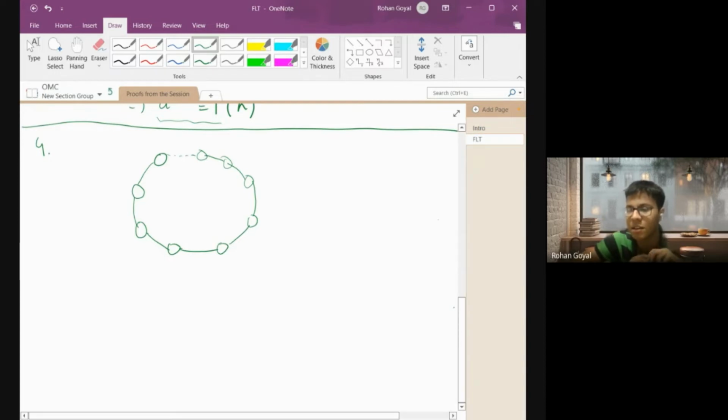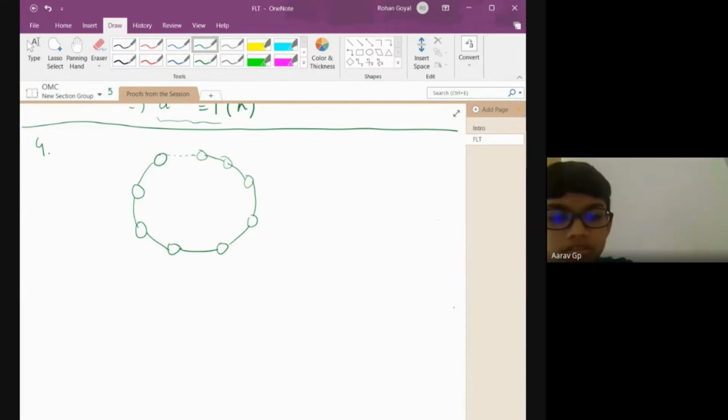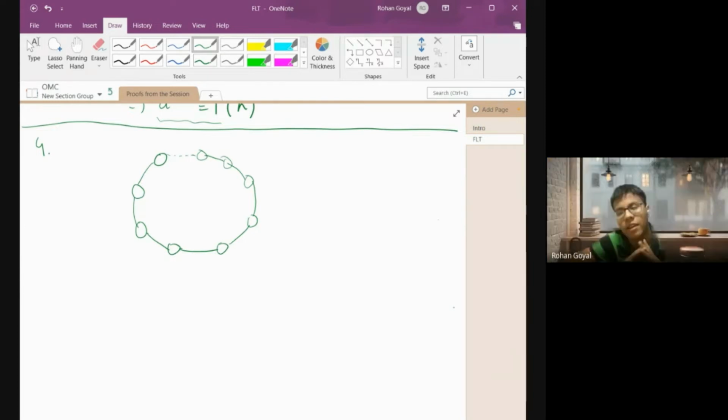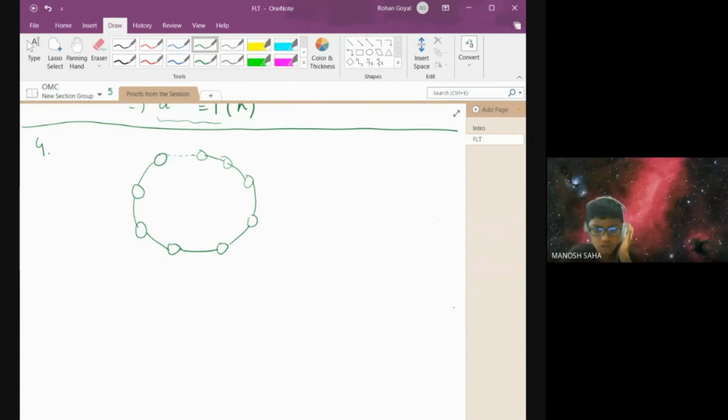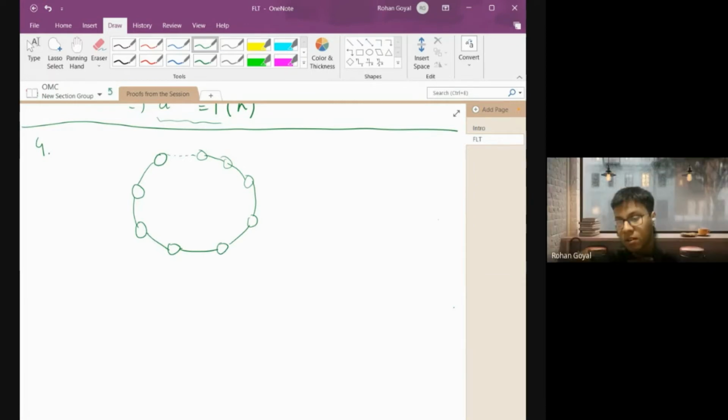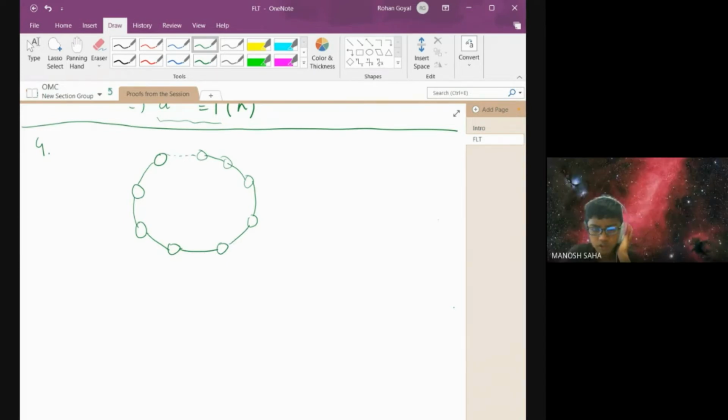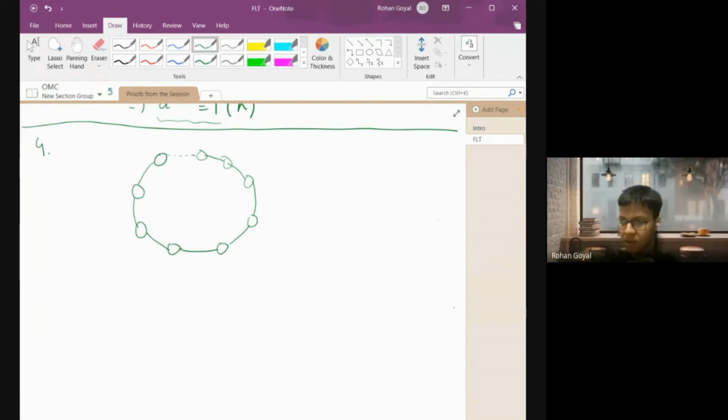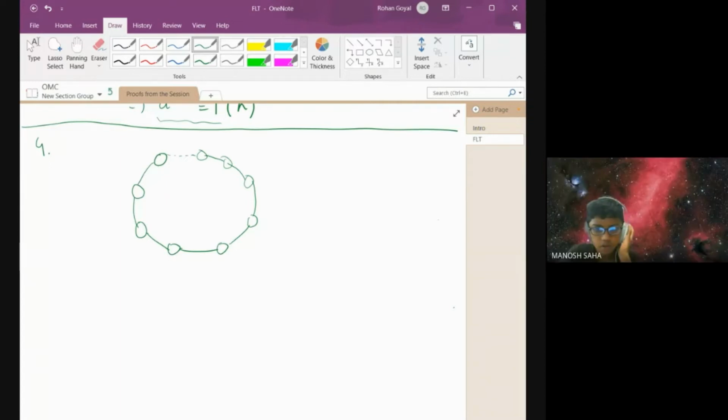So how many different necklaces can I make? P minus 1 factorial necklaces, right? Why? I have to put in p beads, and I have a colors.